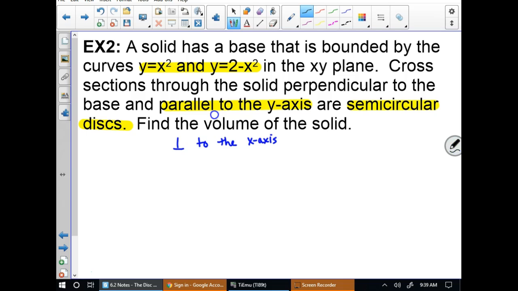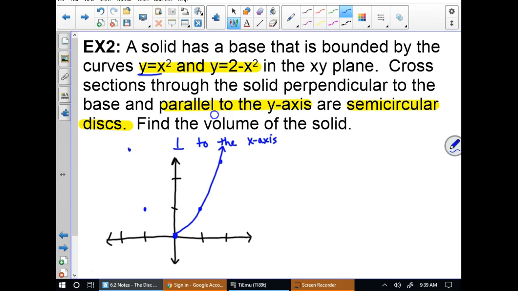Let's get a quick graph of what we're looking at here. I think it will be in the first and second quadrant. We'll have 1, 2. So for our x squared, we'll graph that in blue. And then I'm going to graph 2 minus x squared in red.